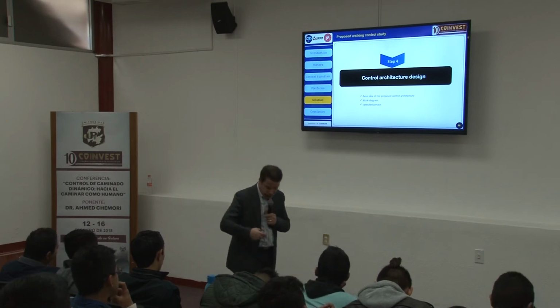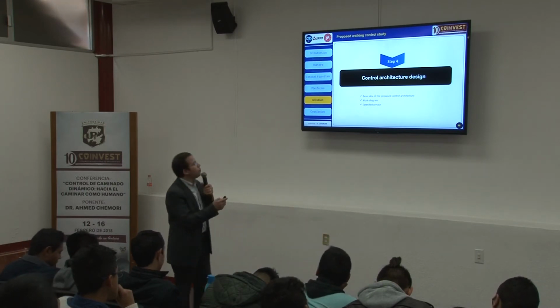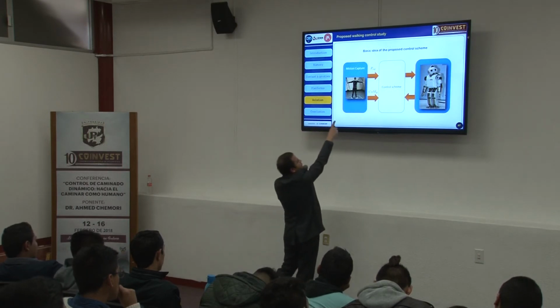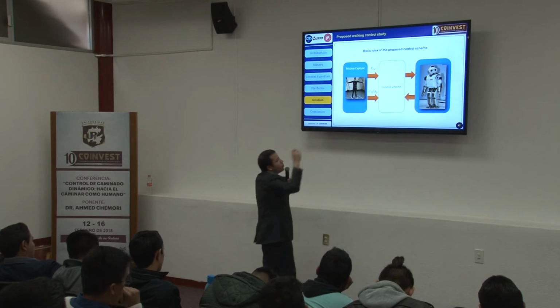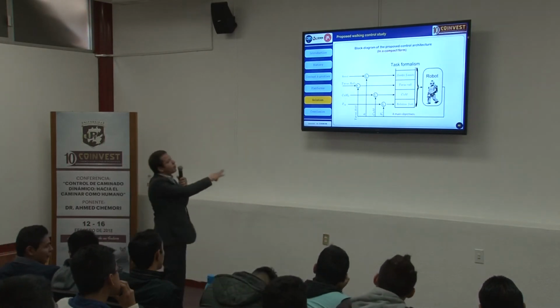And the proposed idea is just to use these two, the distance between the two legs of the robot and the center of mass, and we try to reproduce this on the humanoid robot. So this is the proposed solution.